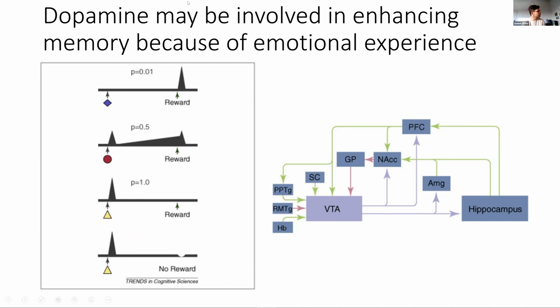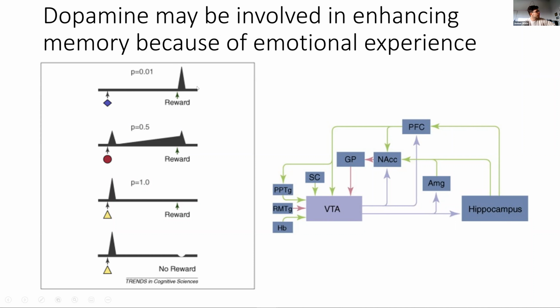So the way that actually looks is, for instance, if you have a cue that produces a reward very rarely, a probability of 0.01, the reward will release some dopamine itself, right?